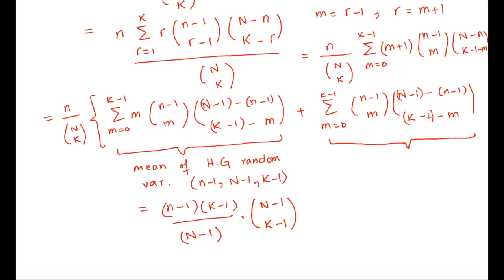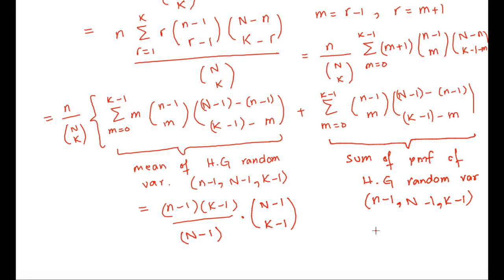This guy is just the summation of the PMF of a hypergeometric random variable, with the same parameters n minus 1 and k minus 1. So this should be equal to just n minus 1 choose k minus 1.